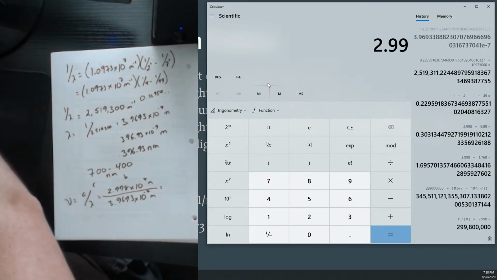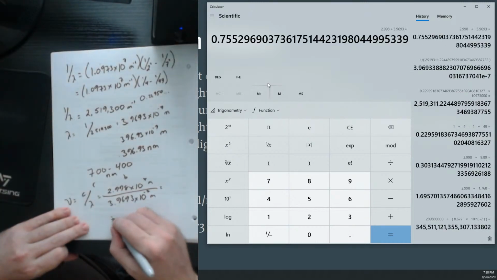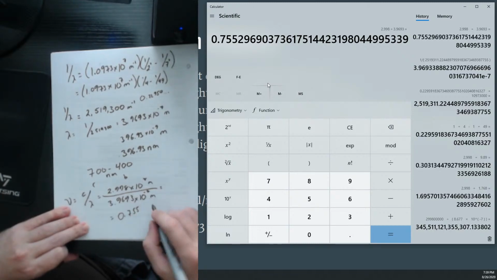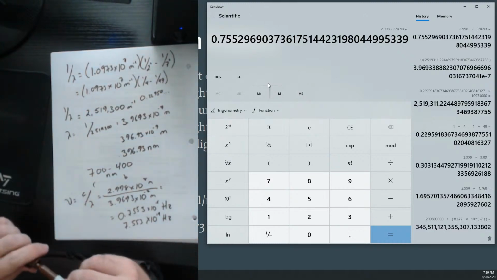So 2.998 divided by 3.9693 equals 0.7553 times 10 to the 15th hertz, or 7.553 times 10 to the 14th hertz.